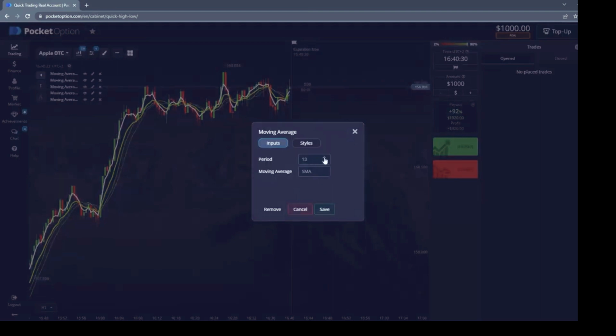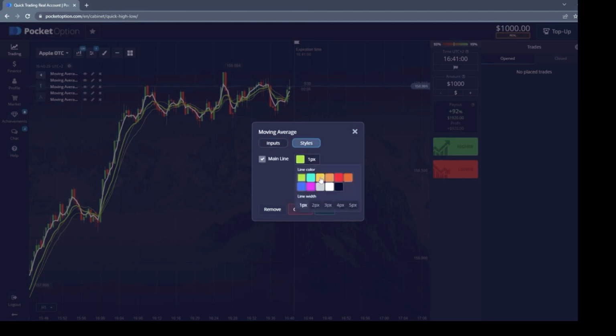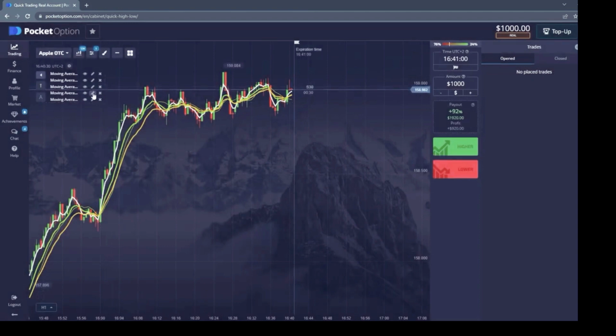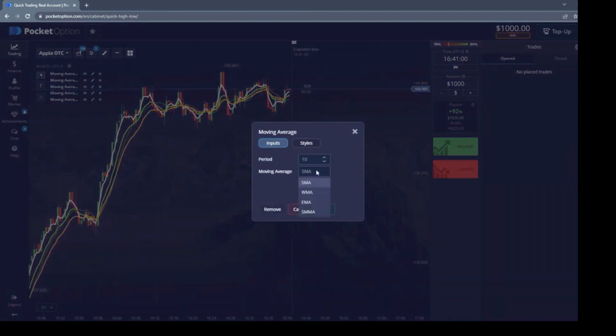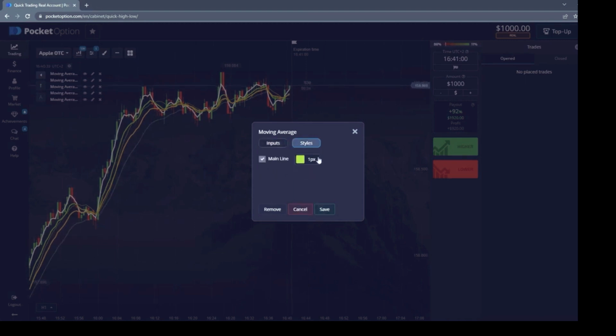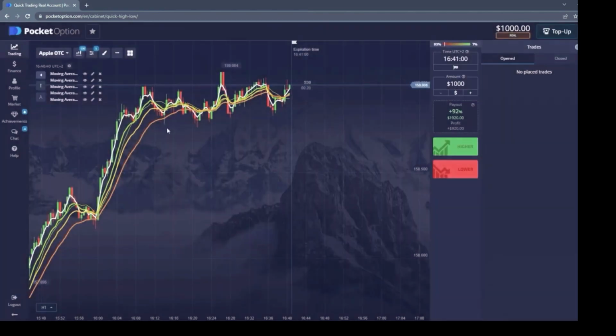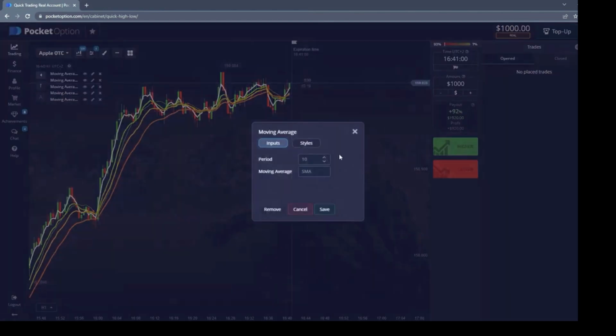Period is 13 for the third moving average. 21 for the fourth one. And I set the last one to 50.